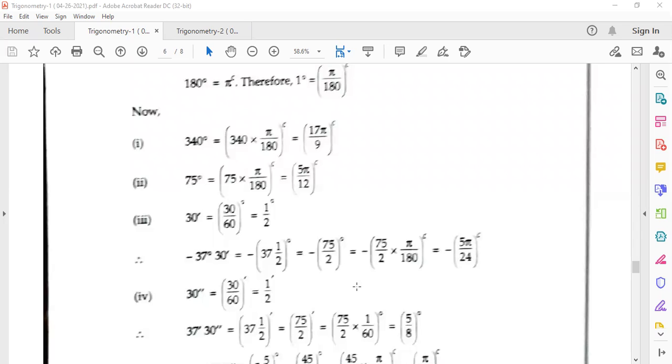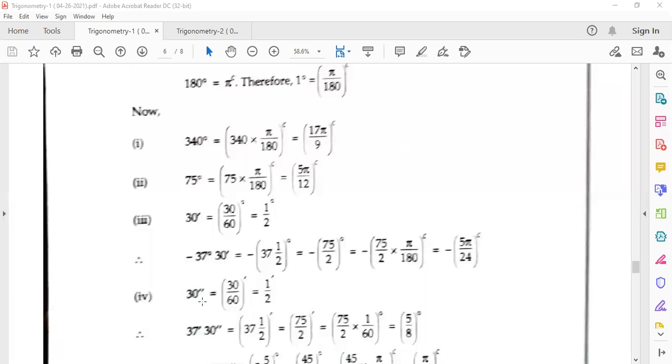Without degree we cannot transfer it into radian. So if it is given in degree, minute, second, then second should be converted into minute and minute into degree, then the whole thing is in degree, and only then can we convert it into radian.